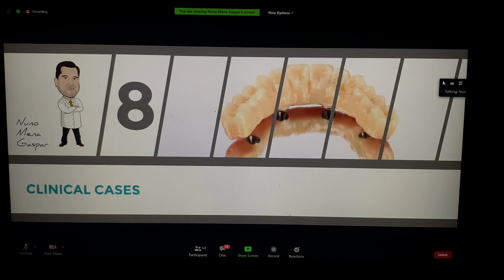Sometimes when I have sinus, I don't use immediate load on those implants. I have a case like that to show here. If you have enough bone, enough torque, and a good ISQ, you can load it. But you have to understand if everything else is safe or not.